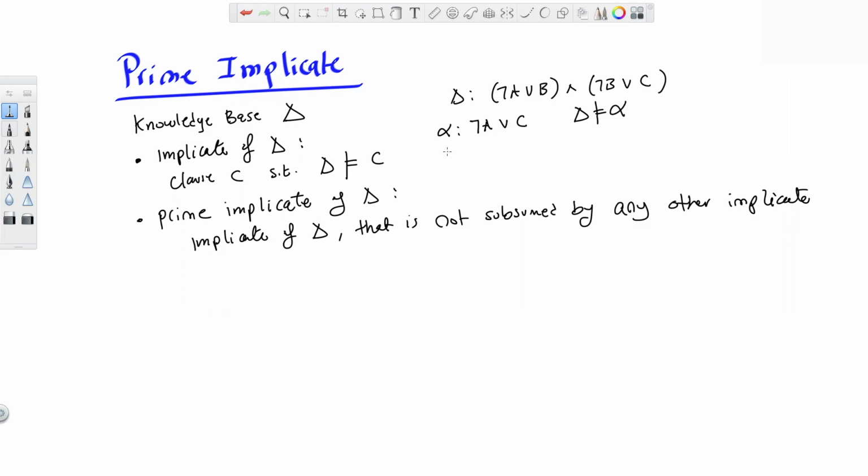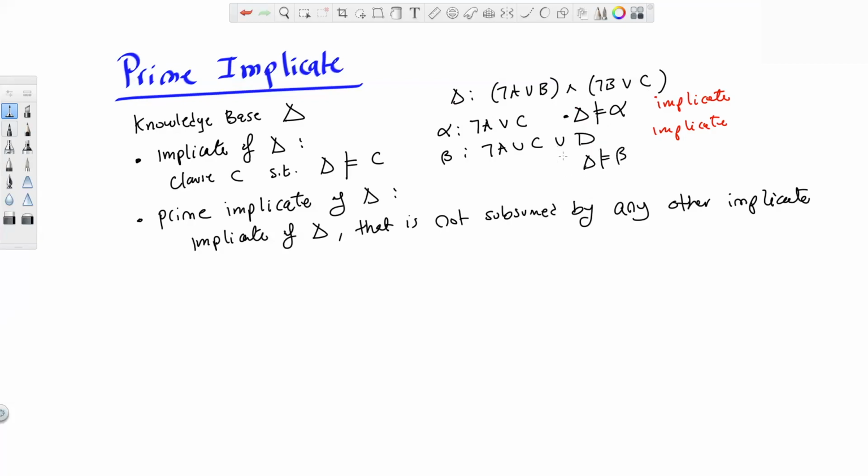All right, so now let's take another one, which is "not A or C or D", right? So here we established that this is an implicate, and this is also an implicate. The question is, are any of these prime? Let's start with this one. This is also a clause that follows from the knowledge base, so I also have that delta implies beta.